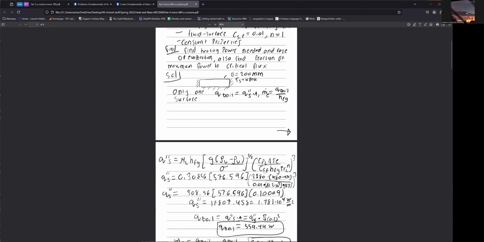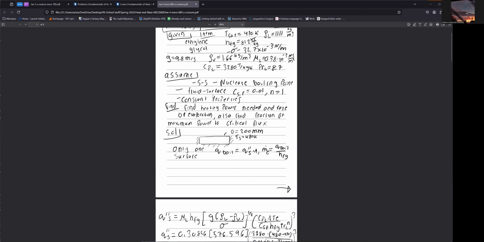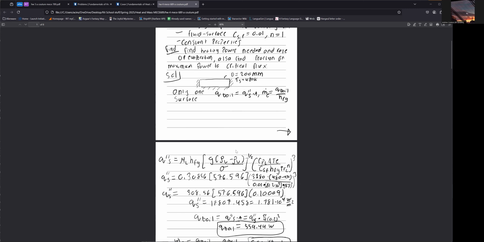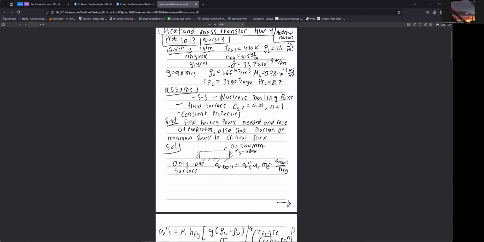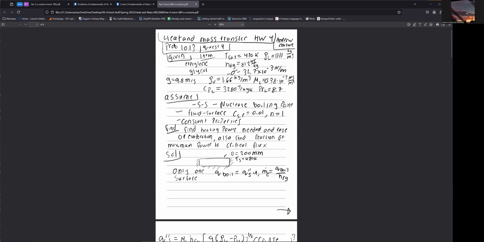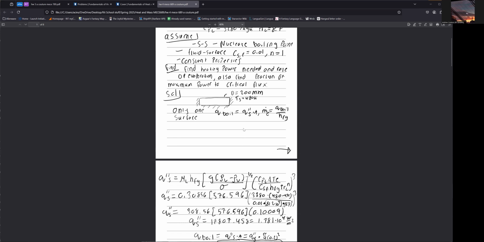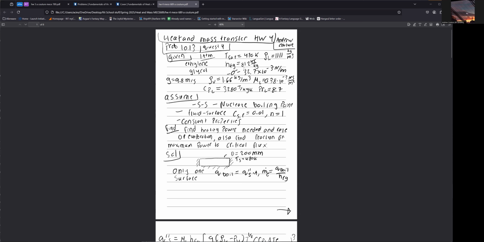And then this term is the C_pl from up here of the ethylene times the temperature change, which in this case is T_s minus T_sat.